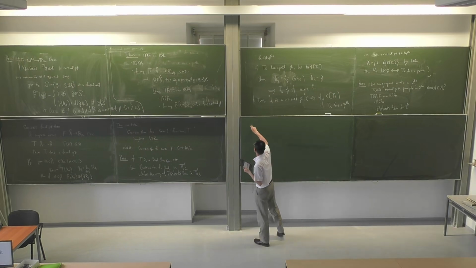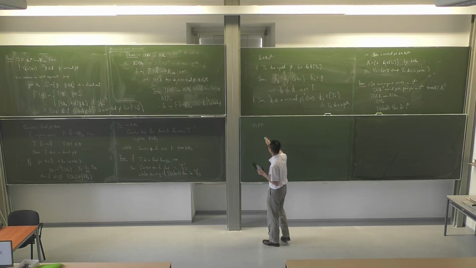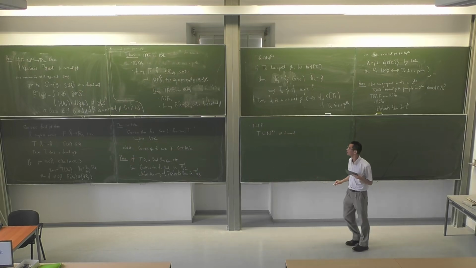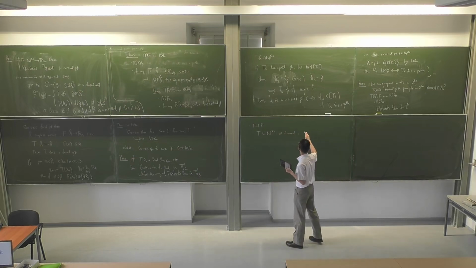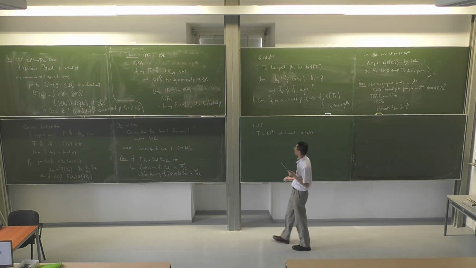I'll try to introduce the TLPP. It is the statement that for any ill-founded tree T on Baire space, it has a path, and let's say alpha is just an order.